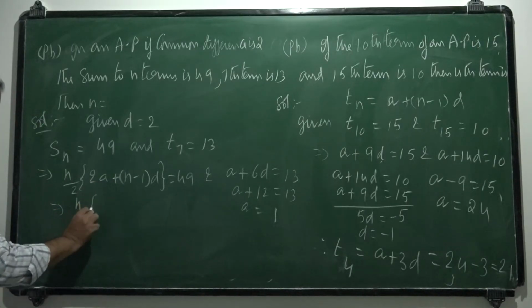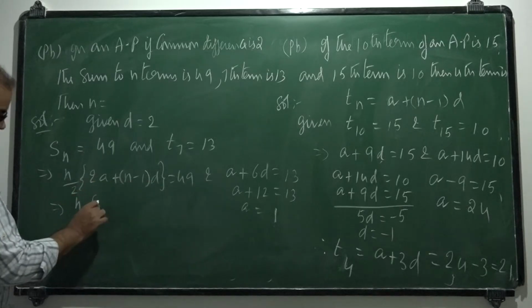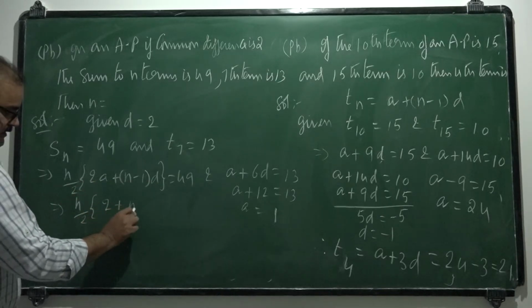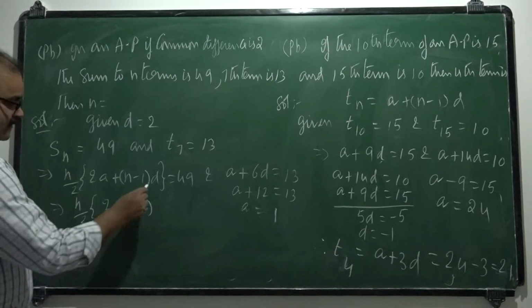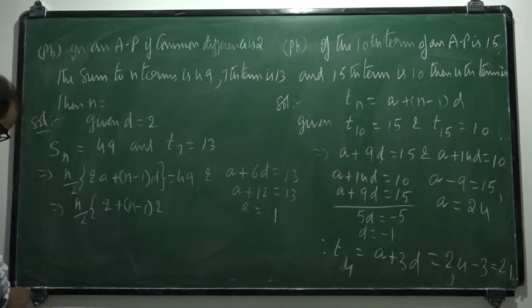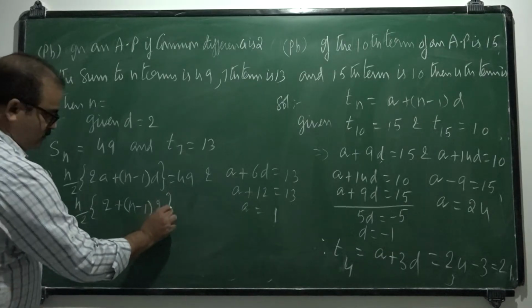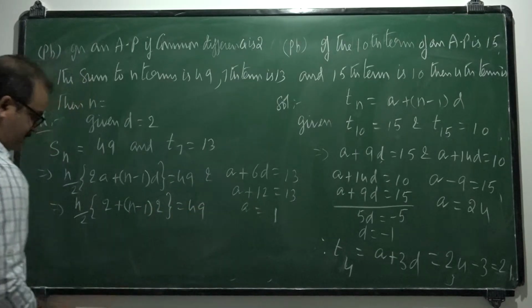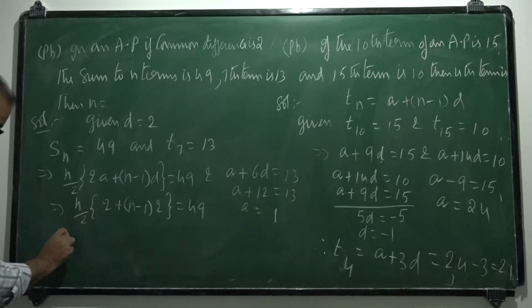n by 2 into 2a, 2 into 1, 2 plus n minus 1 into d, d is 2, that is equal to 49. From this find n value.